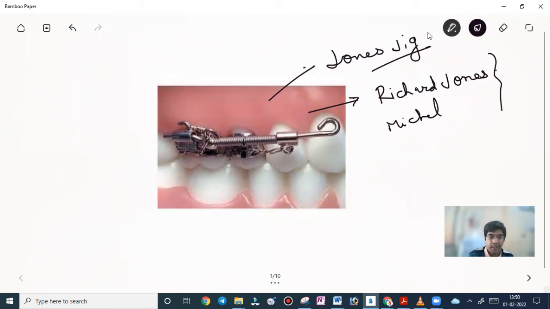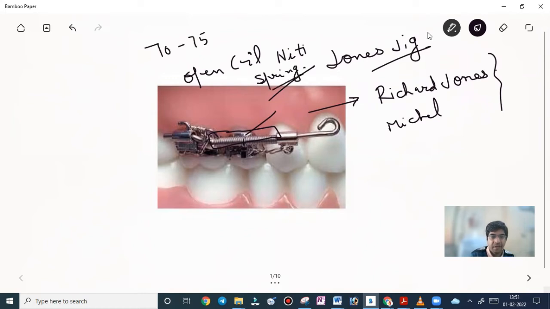This appliance uses an open coil nitinol spring that is used to deliver a force of 70 to 75 gram. That causes a compression range of 1 to 5 mm of the molars.